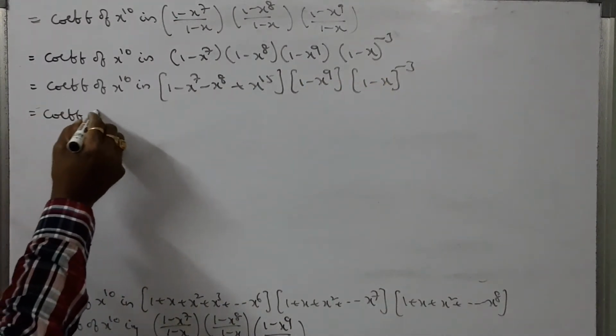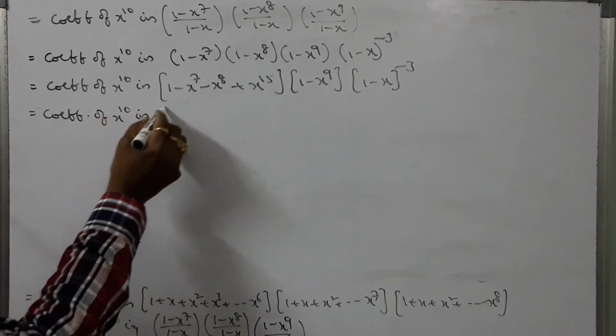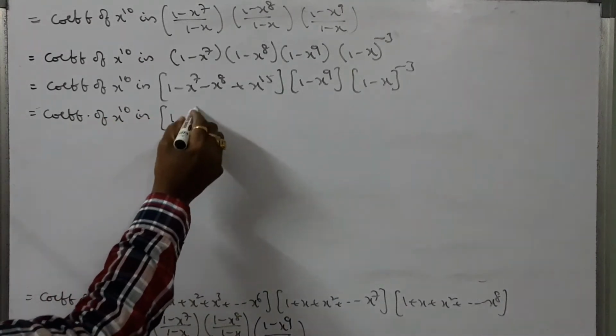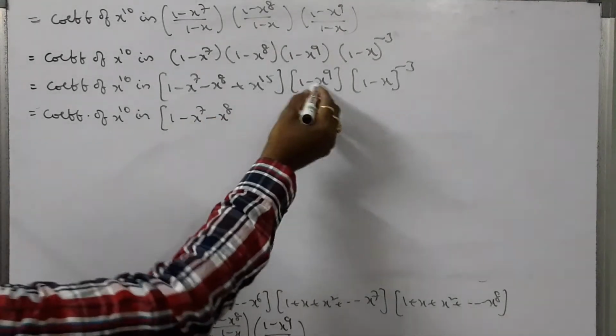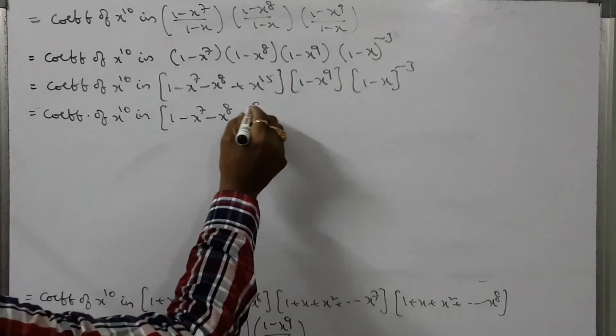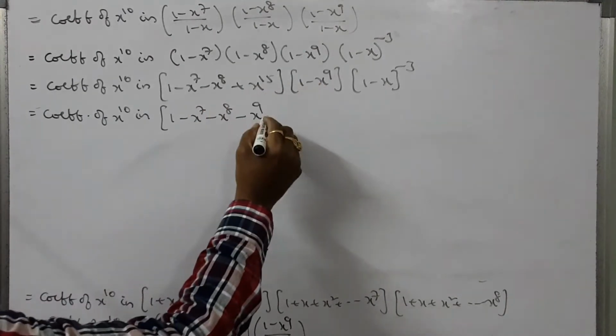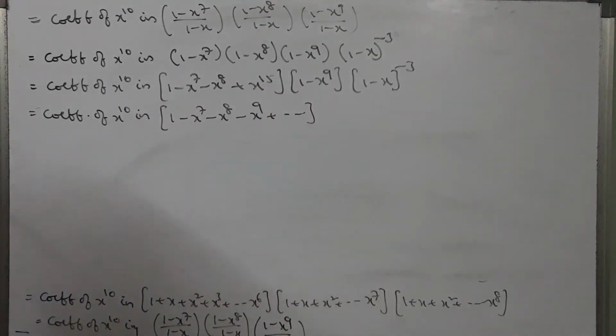That means coefficient of x power 10 in 1 into (1 minus x power 7 minus x power 8 minus x power 9) into (1 minus x) to the power of minus 3. The remaining terms I am not taking. Why?